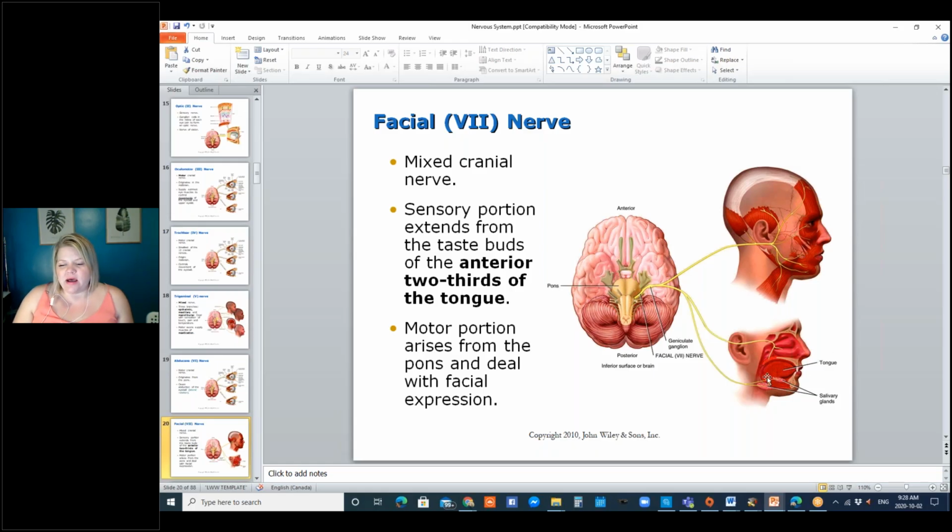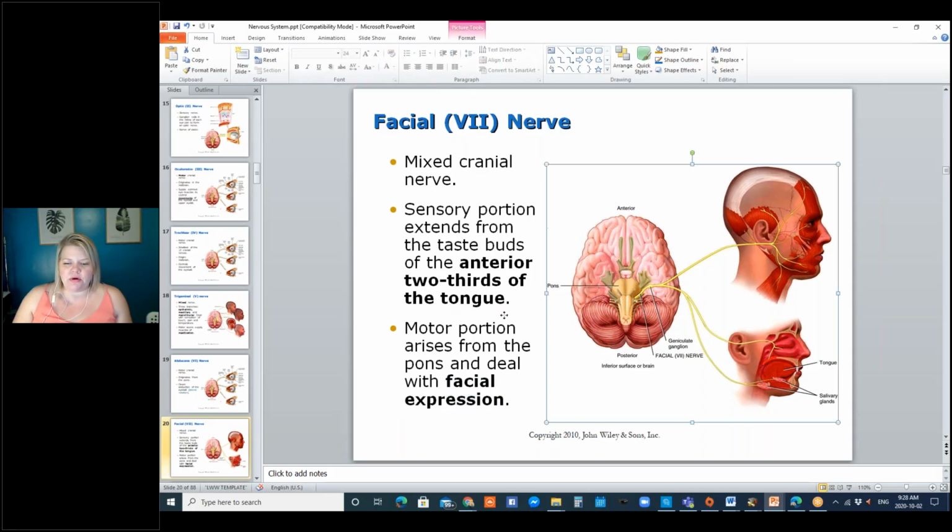Okay, so that's picking up sensory information for taste on the anterior 2/3 of the tongue and relaying that information back up into the brainstem, which is then processed in the gustatory centers of the brain. The motor portion has to do with facial expression rather than the muscles of mastication. So yes, facial expression is the motor division.